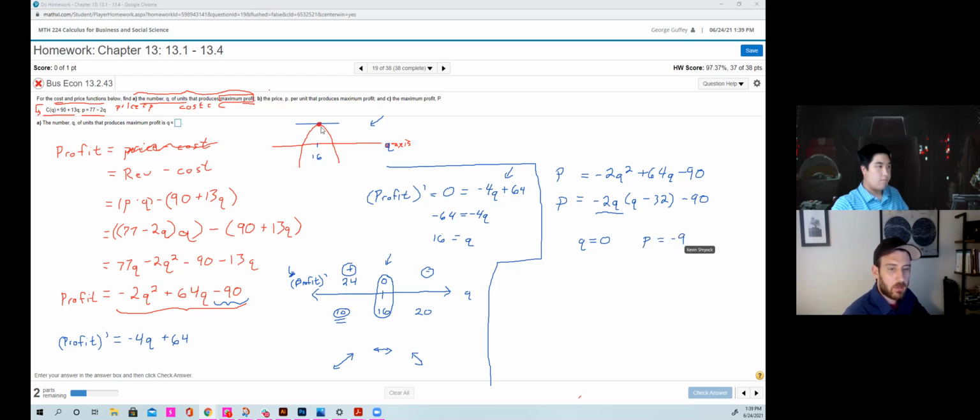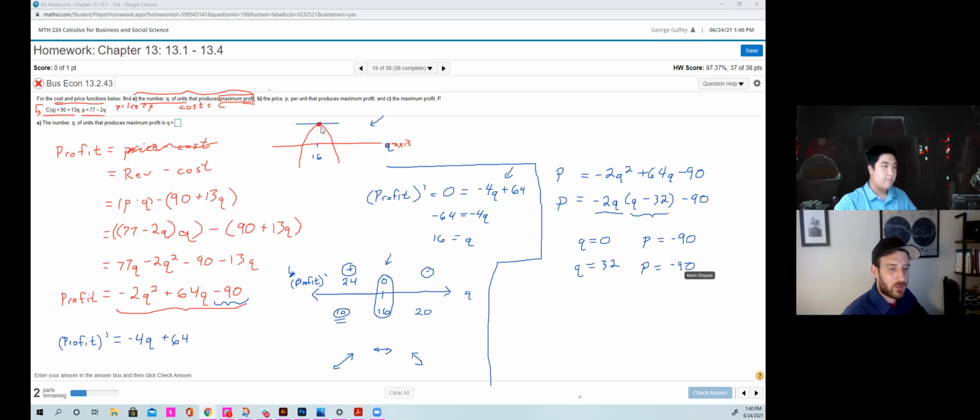Tell me if you see that. Because if Q is 0, then those terms are 0. Exactly. And similarly, if Q is 32, the profit is negative 90.